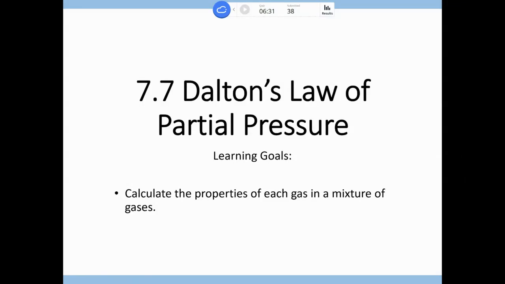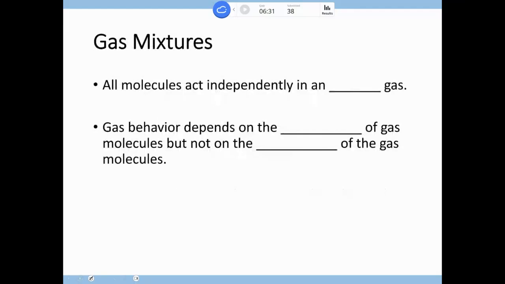Now we're going to talk a little bit more about pressure. We've talked about containers of gas that have one gas present. In Dalton's law of partial pressure, we're talking about containers that have multiple different gases, a gas mixture.